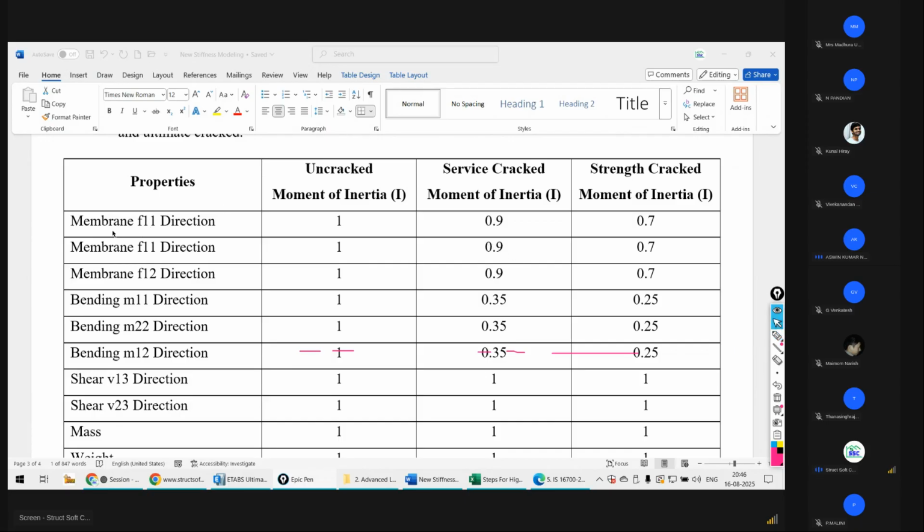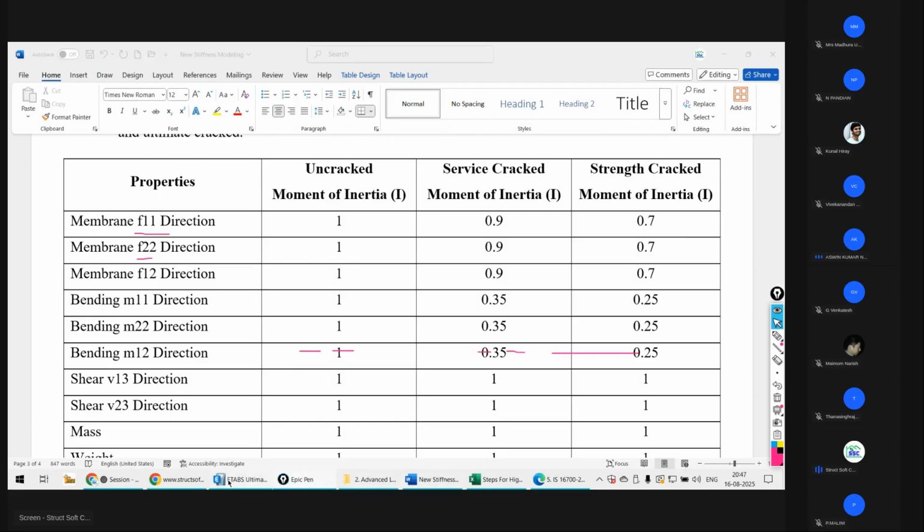So for membrane, see F11, it should be F22, it should be F12. In plane direction. So in plane having very high stiffness, we are going to take it into application. We utilize its strength 90%, 90%, 90%.